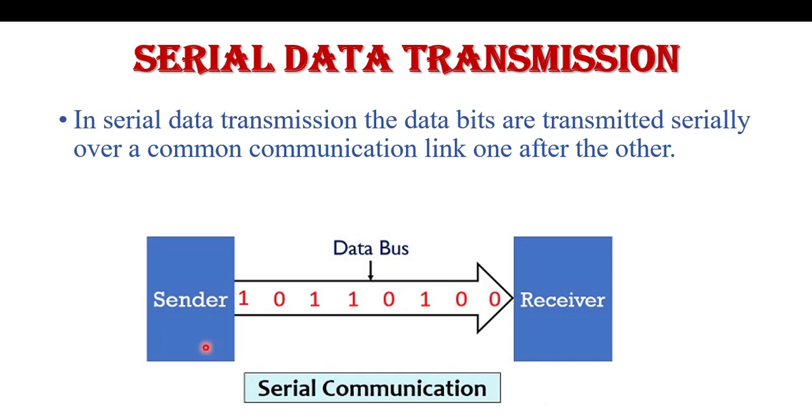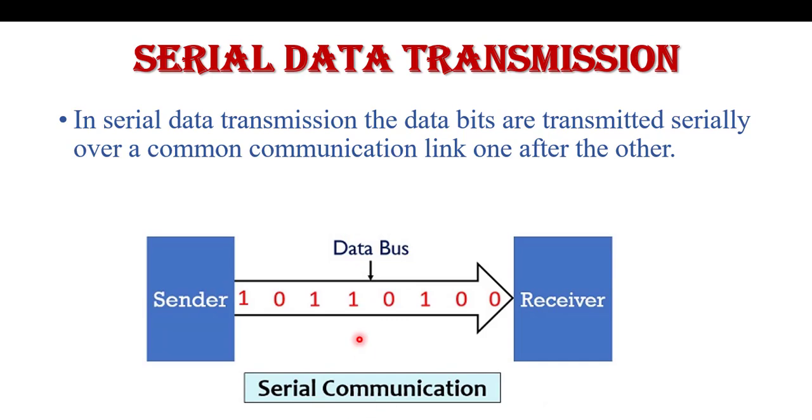If the sender wants to send data, it sends data using a common communication link, a single communication channel, also called a data bus, and all the bits are transmitted one by one in a serial manner from sender to receiver, and the receiver receives the entire data one by one using a common communication link. This way of transmitting data is called serial communication.